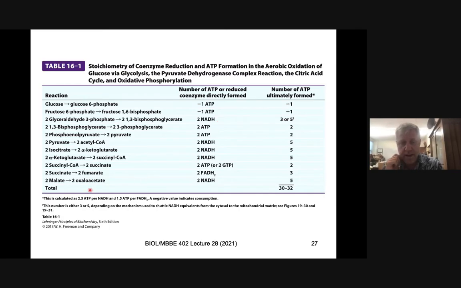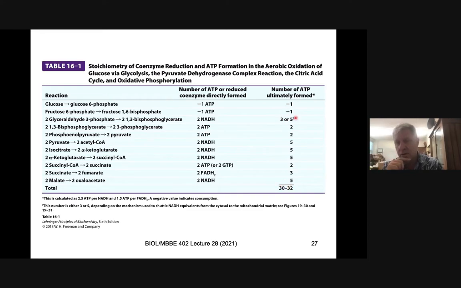Now, we equate a calculational component. You need to remember this number, 2.5 ATP molecules per NADH, and we get 1.5 ATP molecules per FADH2. So again, we have a direct lineation to how much ATP is going to be produced by the utilization of that NADH or that FADH2.